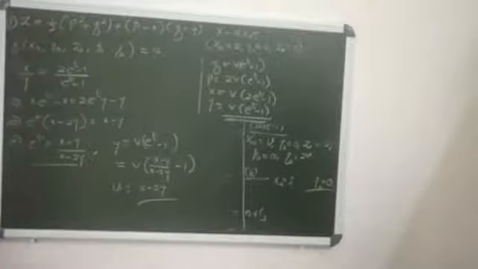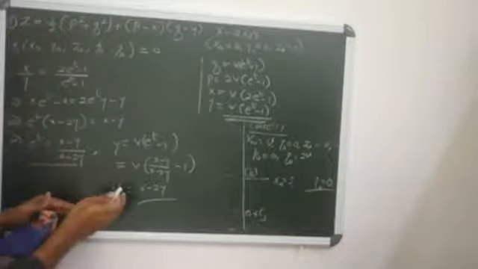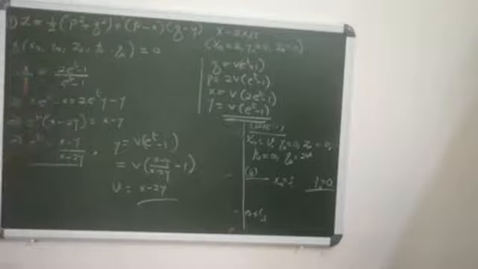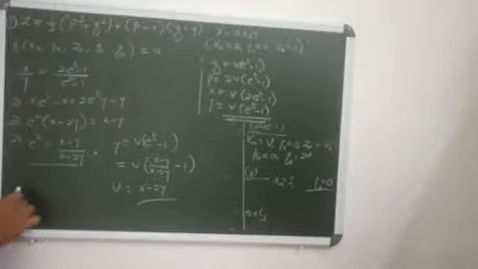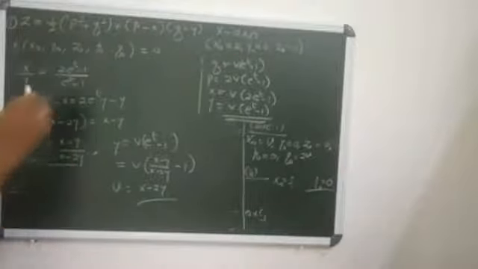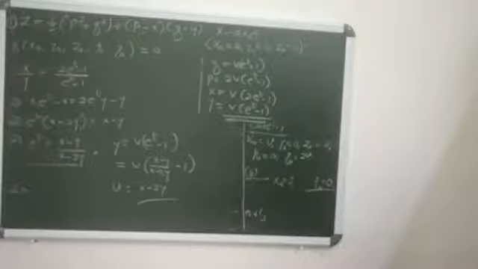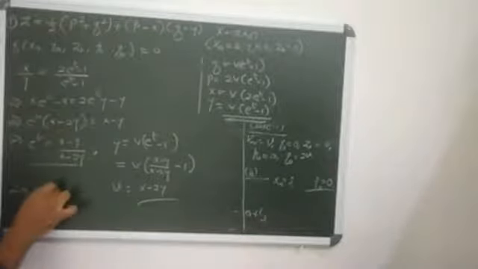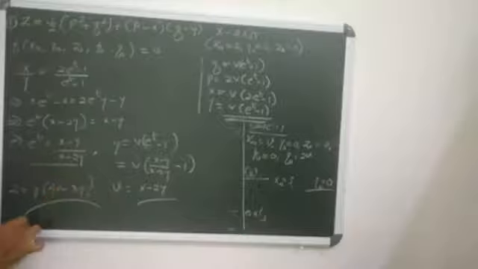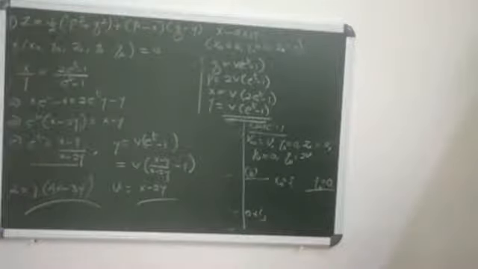On simplifying it, and substituting all of these values in the given equation, we have z equals y into 4x minus 3. Okay, so this is the first case, which is the solution of this one.